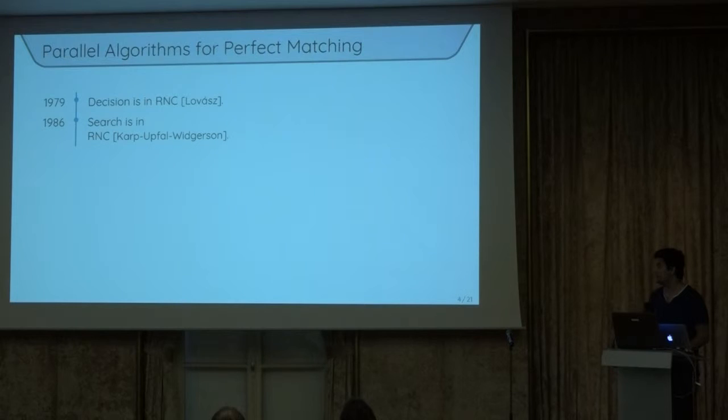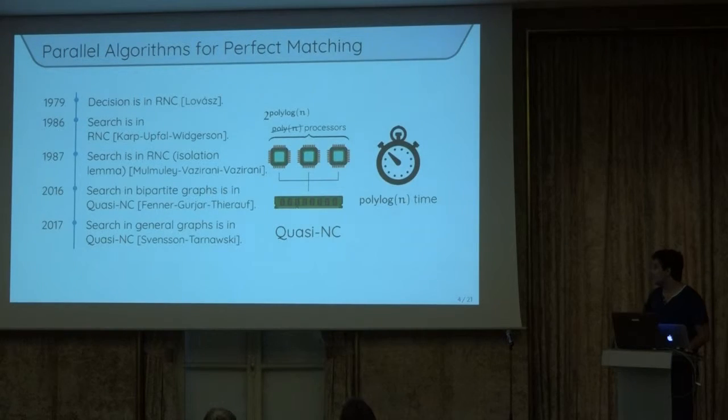Some years later, the search problem got solved. And 1 year later, there was another method which relied on the famous isolation lemma, which again solved the search problem. And over the last few years, there has been a renewed interest in these types of problems because people found almost NC algorithms which don't use any randomization.